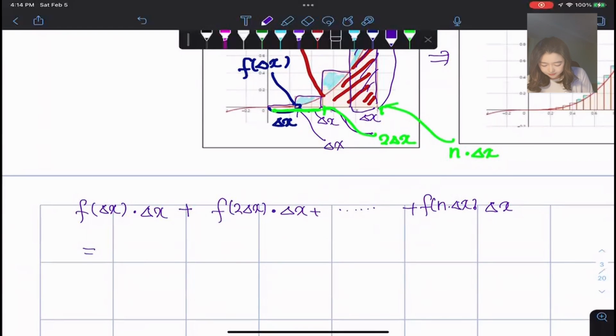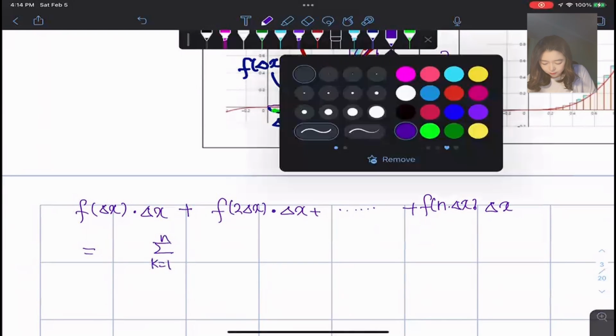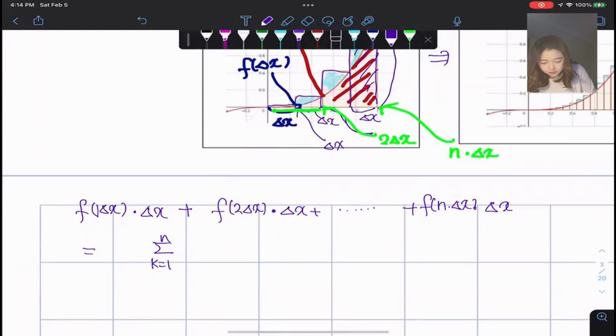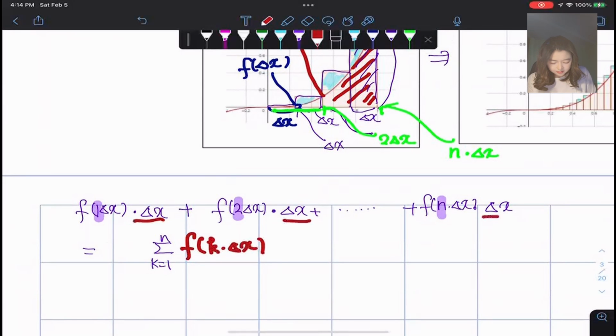Sigma, k equals 1 to n, so I can write it like this: f(k delta x) times delta x. This is delta x, the width, this is the height, and this is the general form.